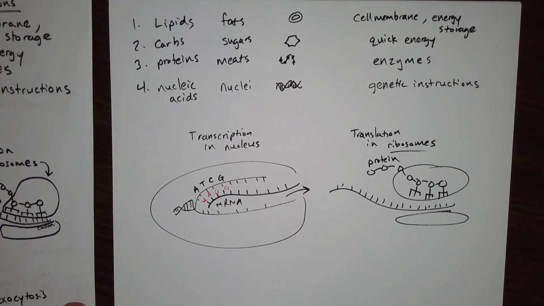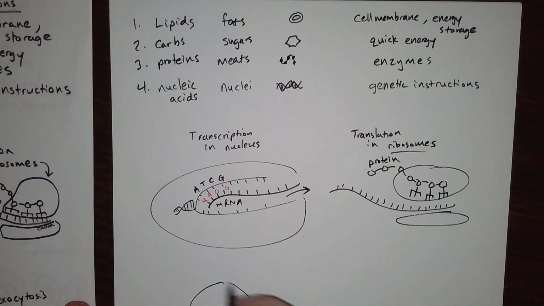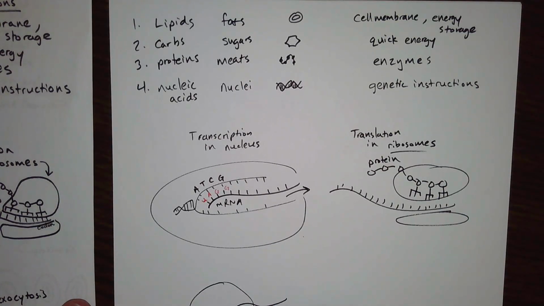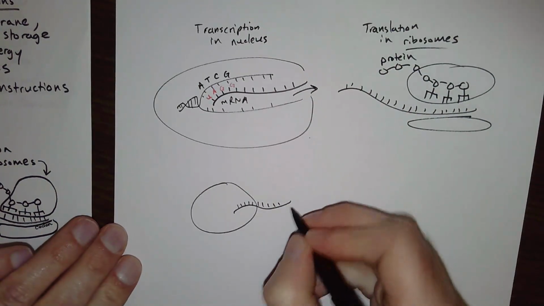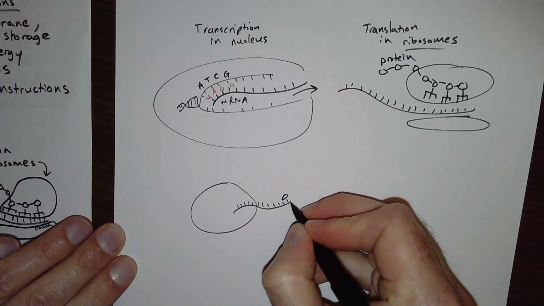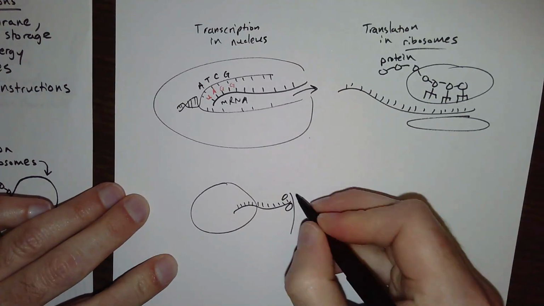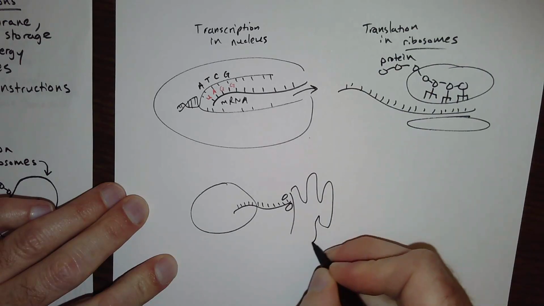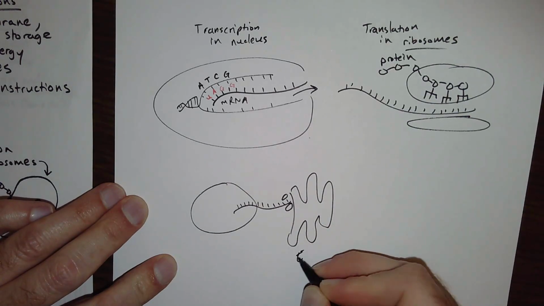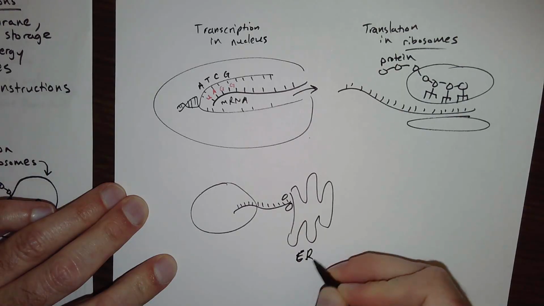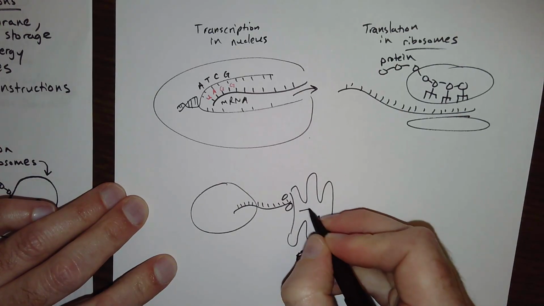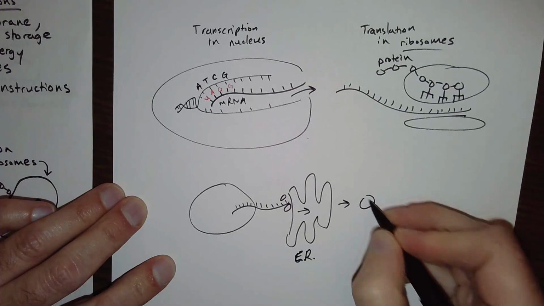And then, how does this go out from the cell? It starts in the nucleus. It comes out. Here's our messenger RNA. It gets read by a ribosome that's on the endoplasmic reticulum. The protein goes through here. It can come out through a vesicle.